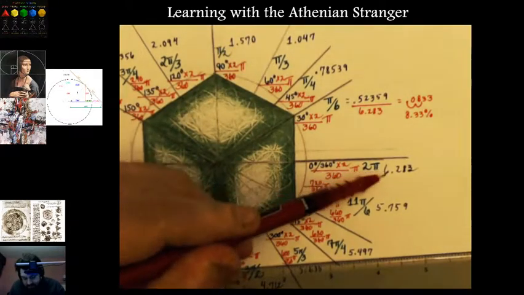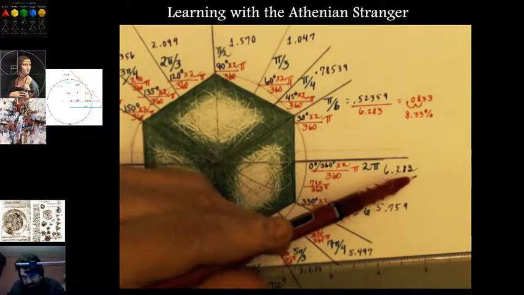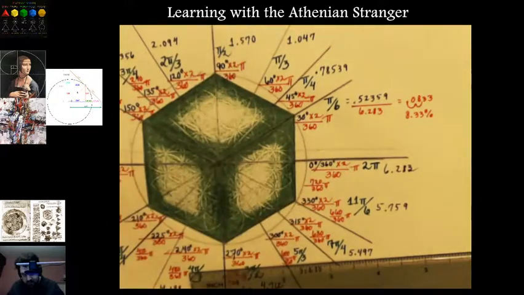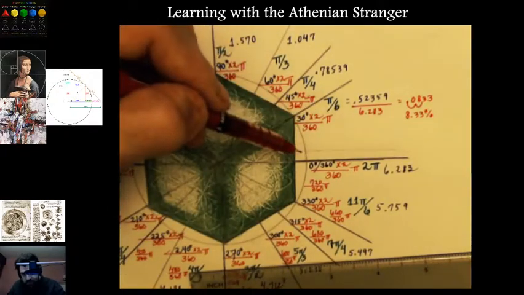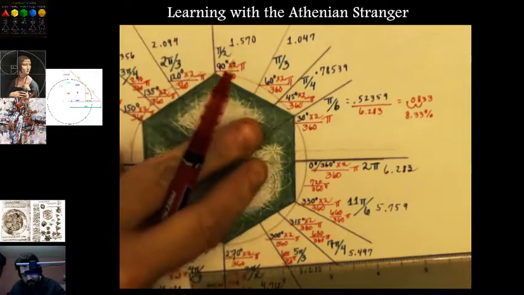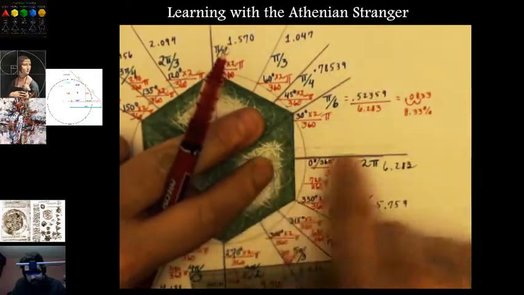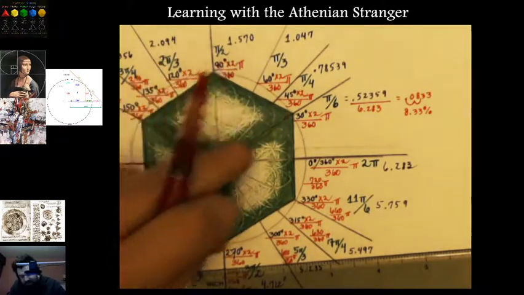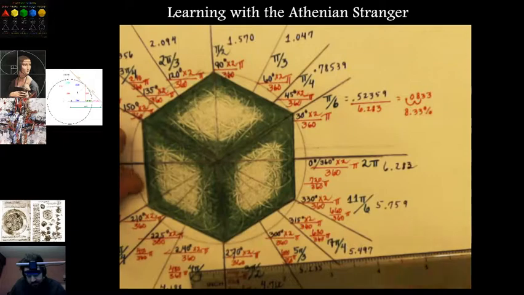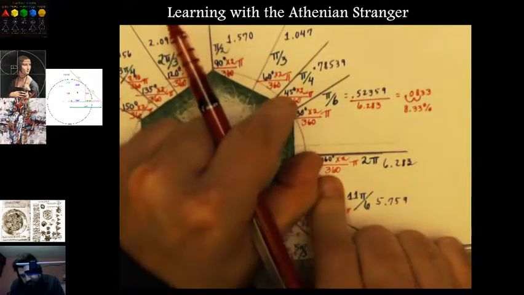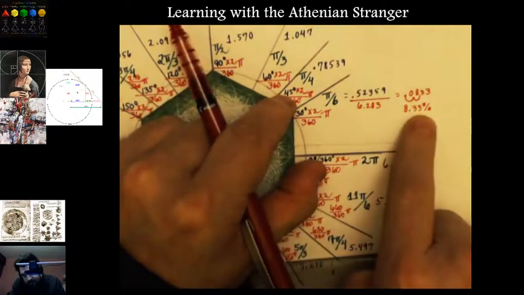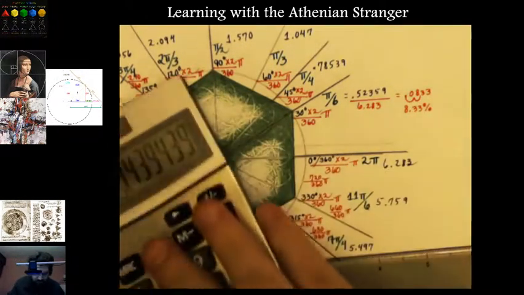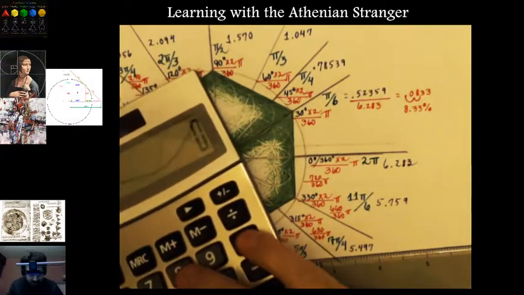Because I know if I have a piece of string of length 6.283, that represents 100% of the total string. I'm asking myself, what percent of the circumference of the circle is represented by this piece of string that's cut off by an angle of 30 degrees? If I want to cut off this little section of string right here, I've got 8.3% of the total string. Let's keep going. See if we confirm our hypothesis.